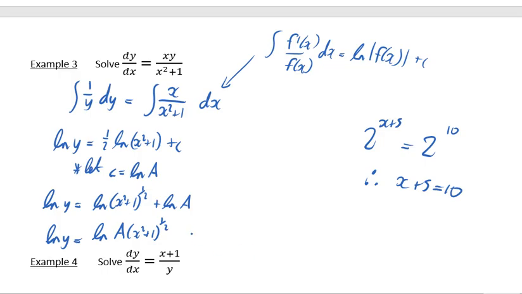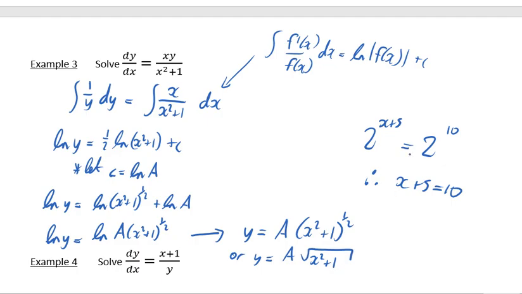So it's exactly the same idea here. I have ln of something is equal to ln of something else, so I can just get rid of the ln's and say y is equal to a upon x squared plus 1, to the power of a half. Or you may not like that power of half, you could write a upon the square root of x squared plus 1. And that's it.